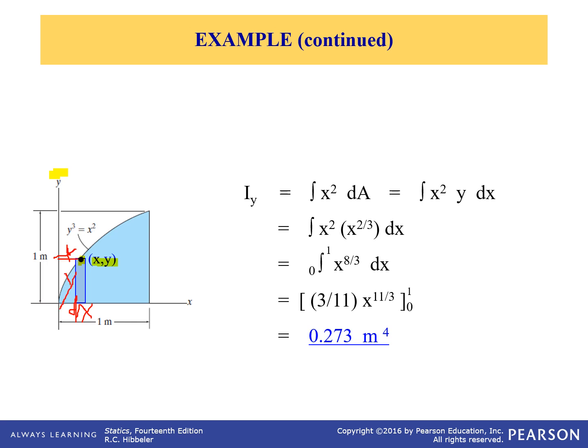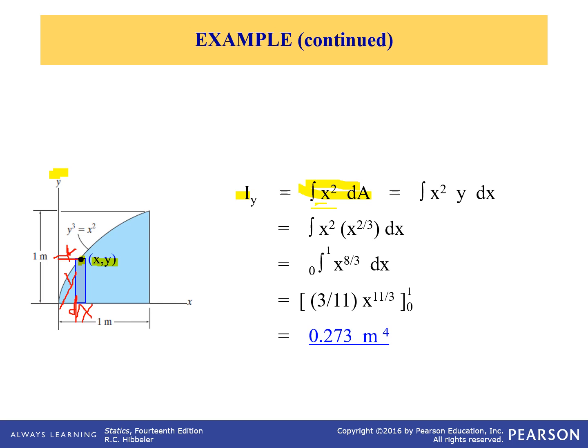Now we can plug everything into the formula for the moment of inertia. I of y equals r squared times dA. r squared is just x squared, since the distance is x, so we have x squared times dA.